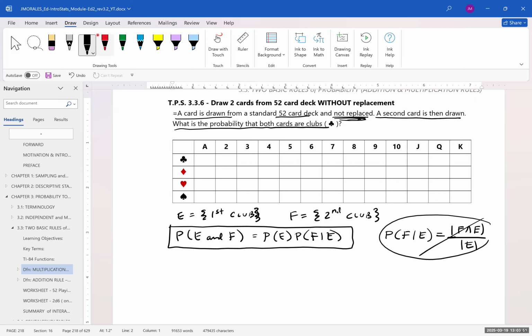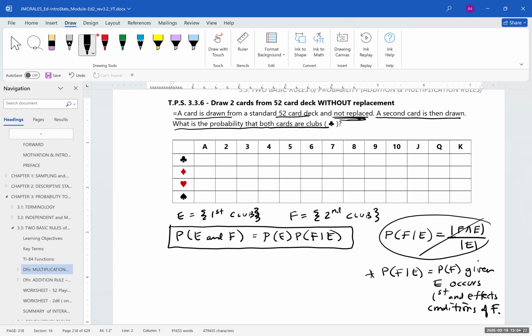Instead, we're going to think of this probability of F given E as the probability of F given E occurs first and affects the conditions of F.